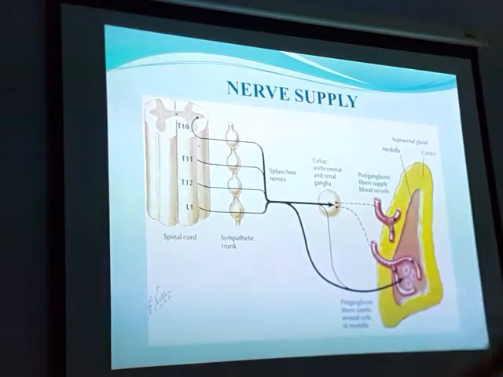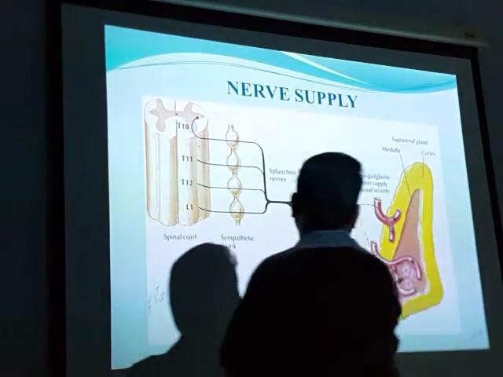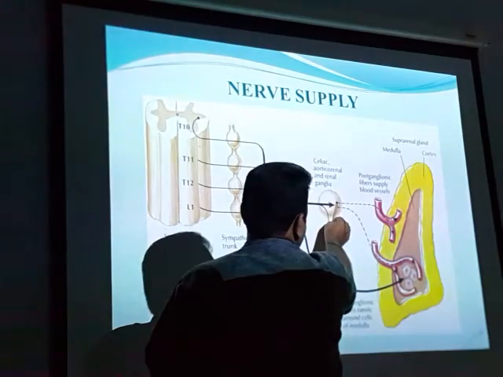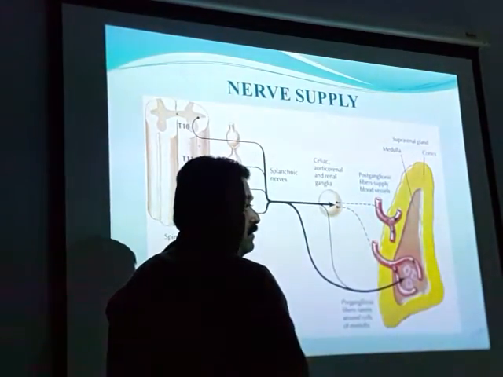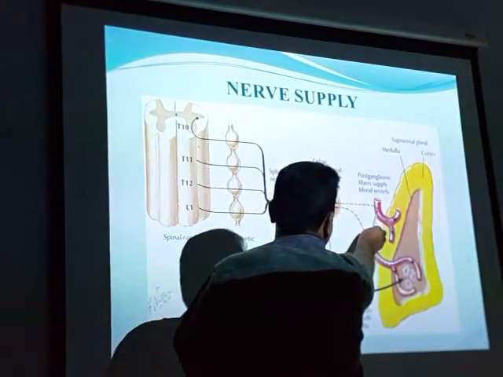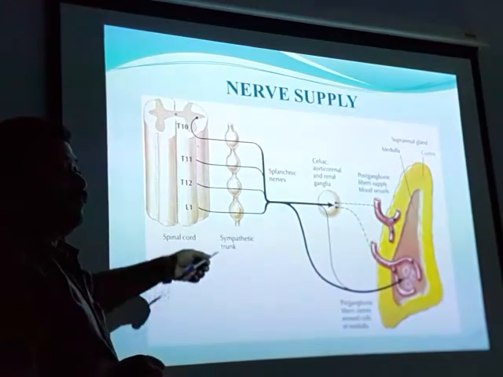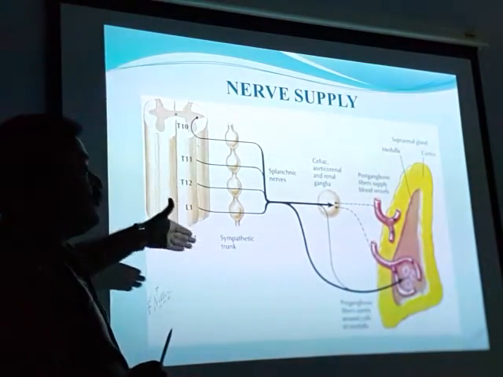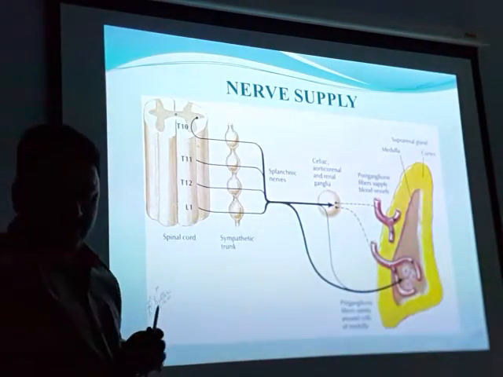The postganglionic nerve fibers from the celiac and the renal ganglia relay here, which supply the blood vessels. Postganglionic fibers supply the blood vessels, and the preganglionic fibers, that is the splanchnic nerve from T10 to L1, supply the medulla.